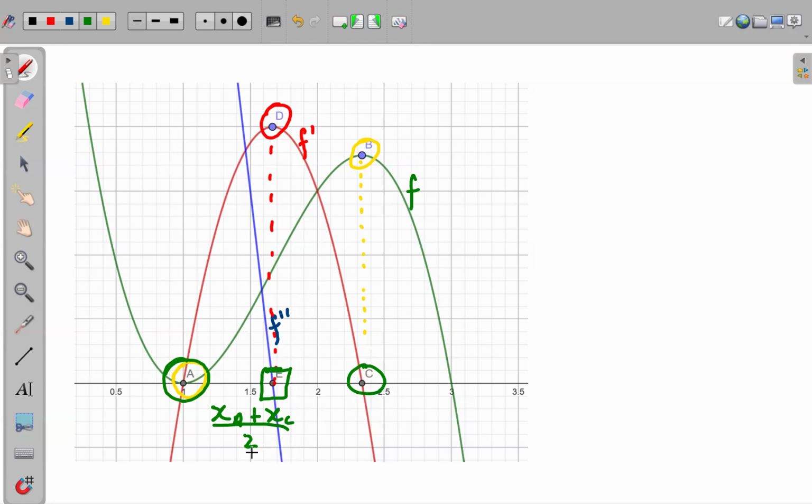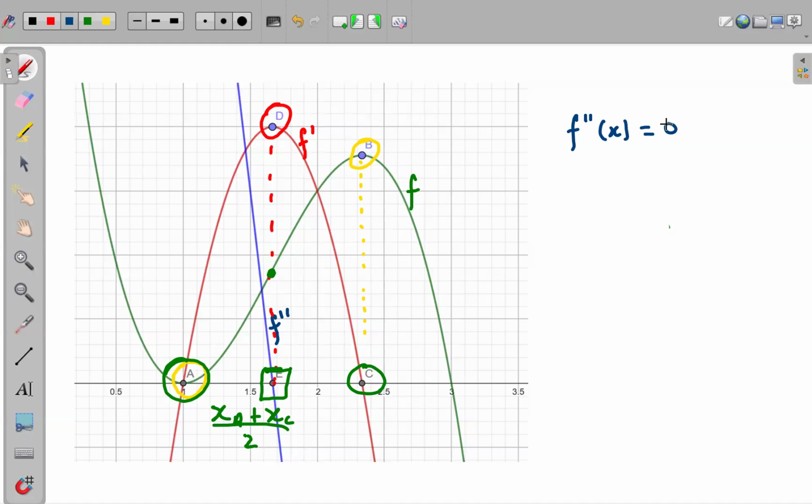Now, there is a special name for the x value at E in terms of the cubic function. That x value at E is, if you'll recall, what we call the point of inflection. And it has to make sense because remember, when we look for the point of inflection, we take the second derivative and equate it to 0.